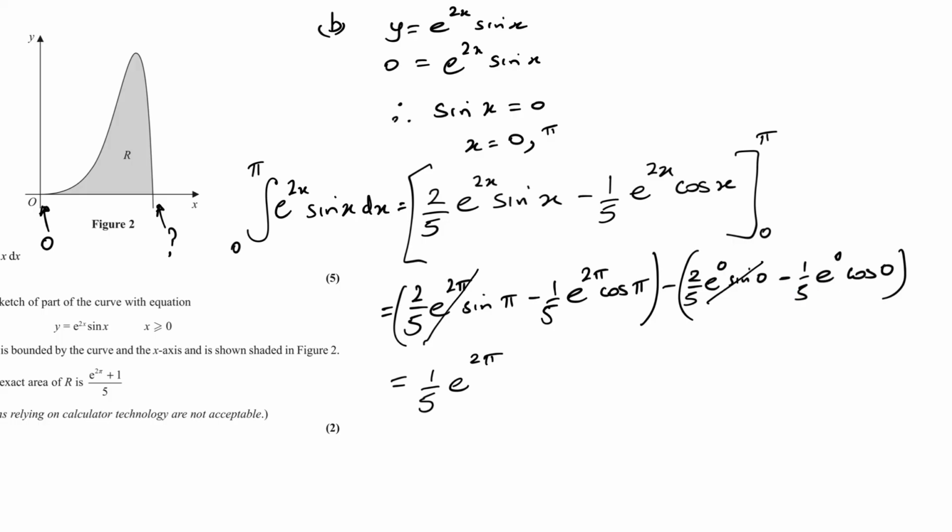And then cos of 0 is 1, so we get minus 1/5 there, but it's a minus here, so we get plus 1/5, because obviously e to the 0 is 1, isn't it? So plus 1/5. So this gives me e to the 2 pi plus 1 over 5, to put it in the form that they want.